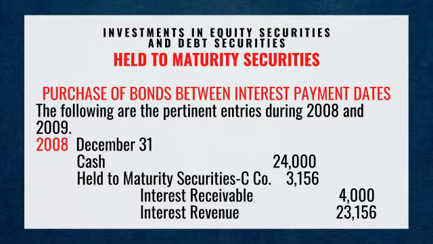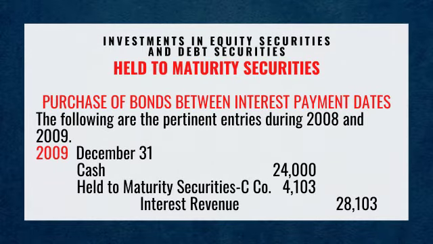The following are the pertinent entries during 2008 and 2009. 2008, December 31st: debit cash for 24,000 pesos, debit held to maturity securities C Company 3,156 pesos, credit interest receivable for 4,000 pesos, and credit interest revenue for 23,156 pesos.